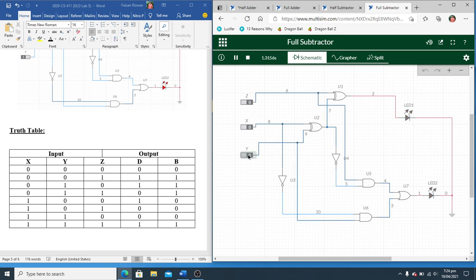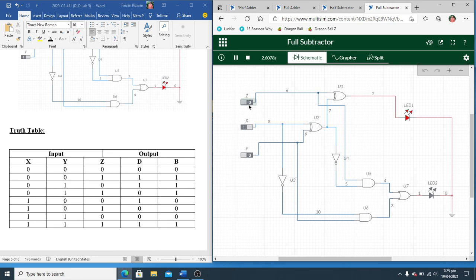When Y is 1 and Z is 1, then B is 1 and D is 0. When X is 1 and Z and Y are 0, then D is 1.